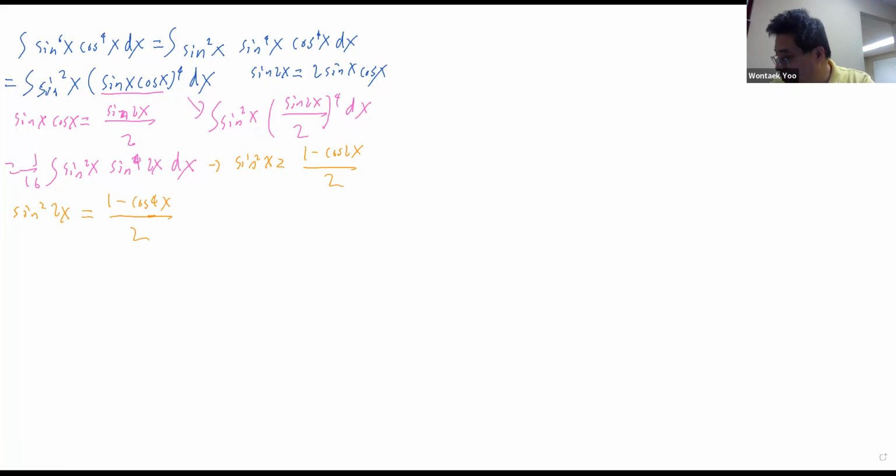We have sine to the fourth of 2x, which is equal to sine squared of 2x, squared. So that should be equal to the quantity 1 minus cosine of 4x over 2, squared, which is equal to 1 minus 2 times cosine of 4x plus cosine squared of 4x, over 4.